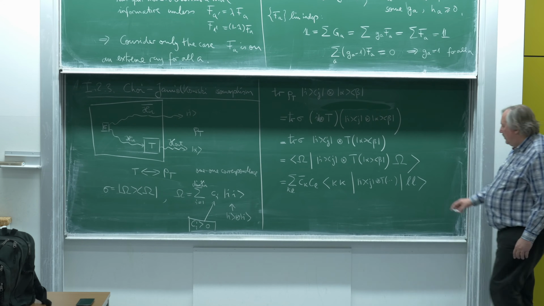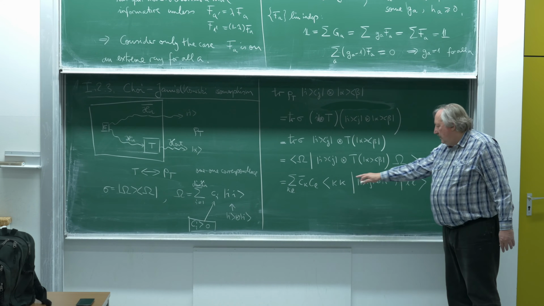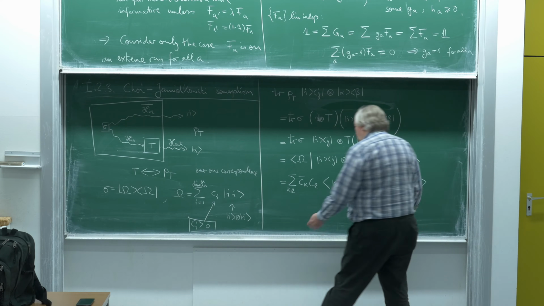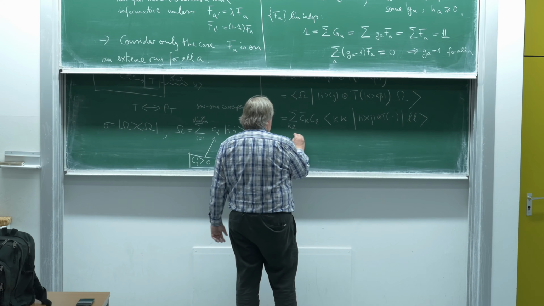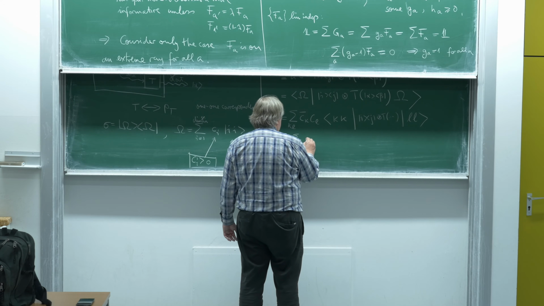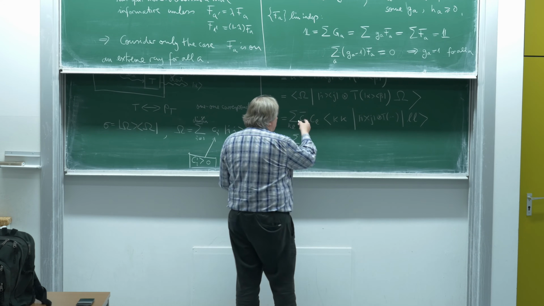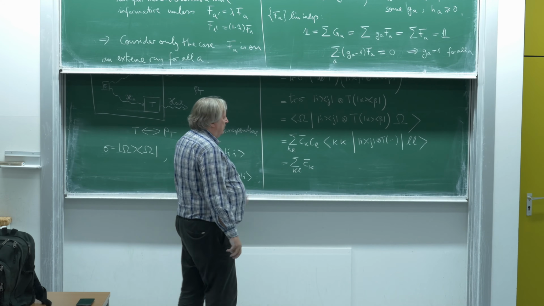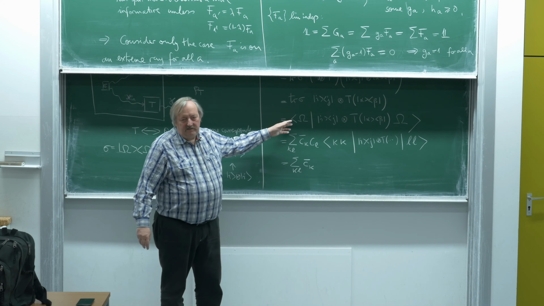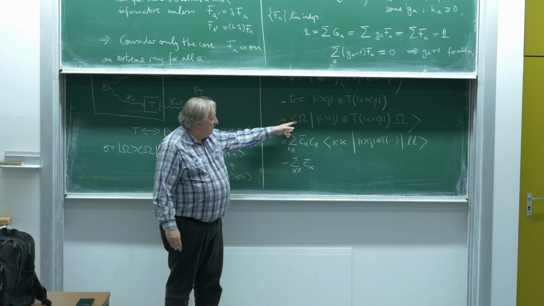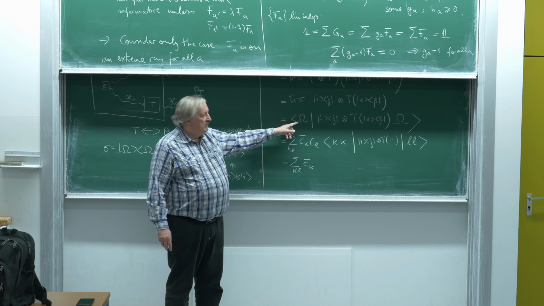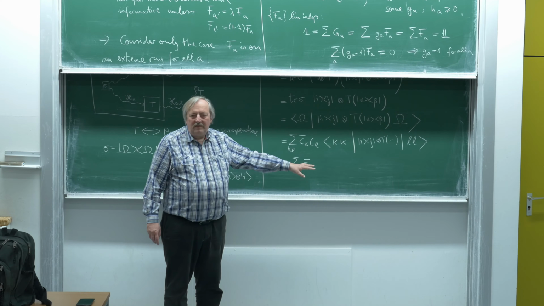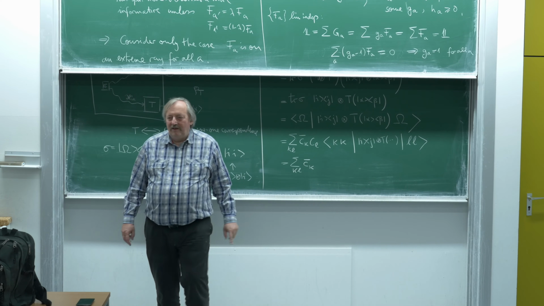Okay, so I think I should factor that explicitly so you see better what's going on. I'm putting a complex conjugate here just out of basic reflexes, right? So this is a factor I pulled out of a bra, and therefore I automatically put a bar even though it's not necessary, right?